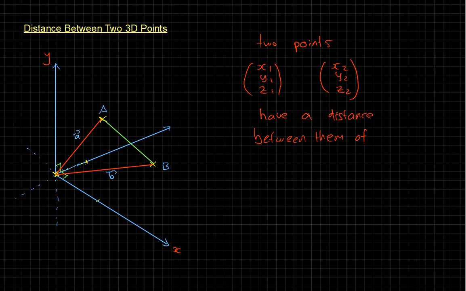The order doesn't matter. Why not? Because we're going to square them, and then we'll square root them. Okay, so this is like my A minus B, and then taking the size of that. So doing one minus the other, and then we're squaring the components and square rooting them.